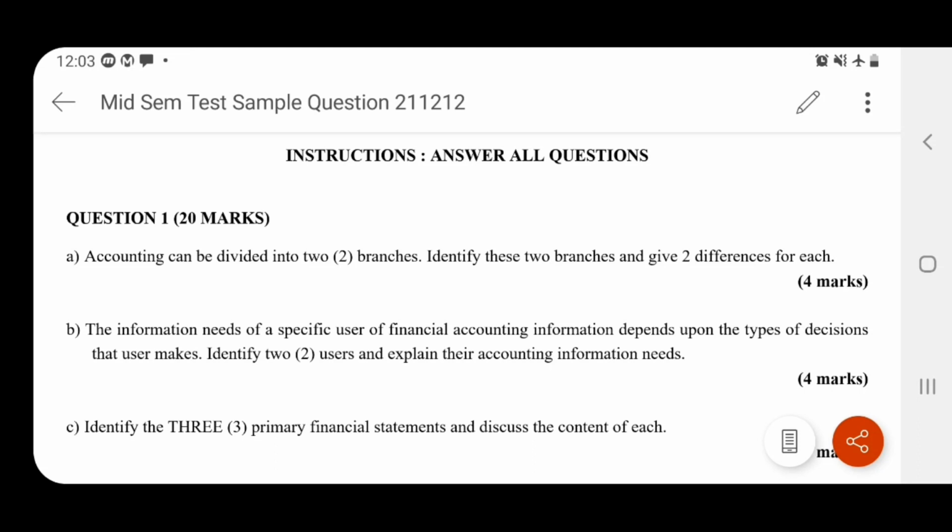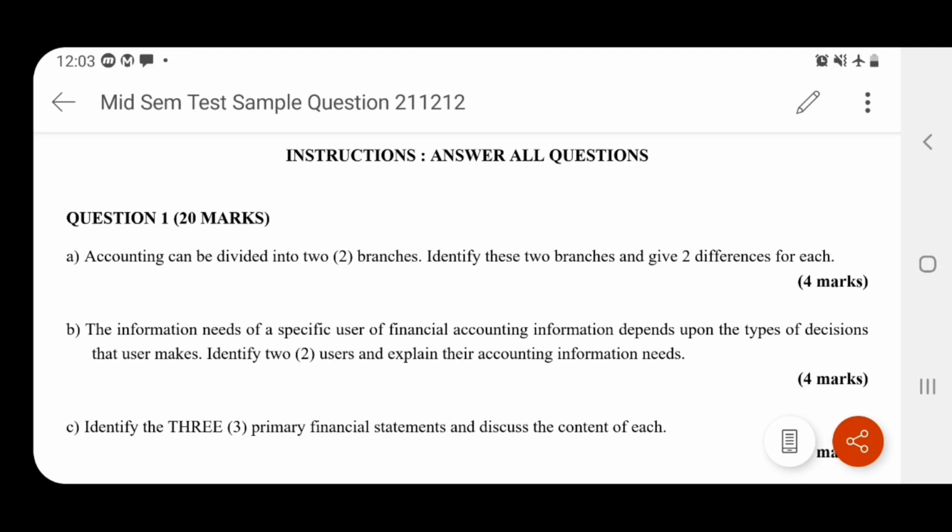Okay, so what is the answer? There are two branches of accounting, so I think you know the answer. There are two main branches of accounting: financial accounting and management accounting.